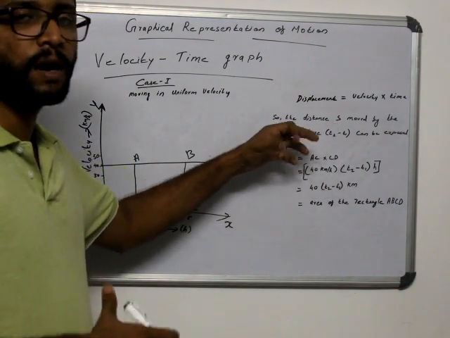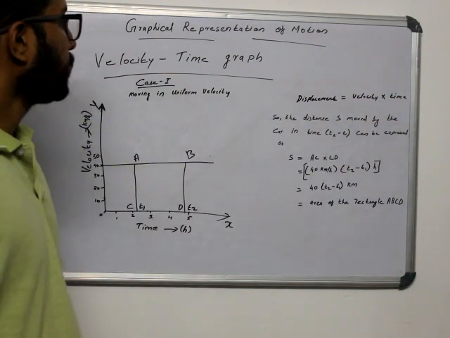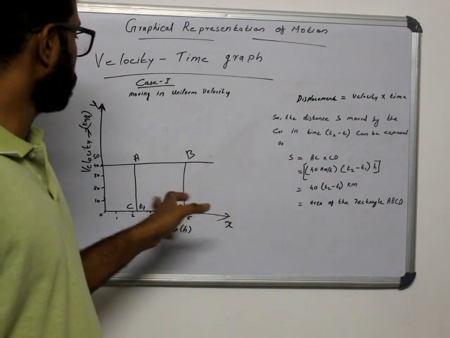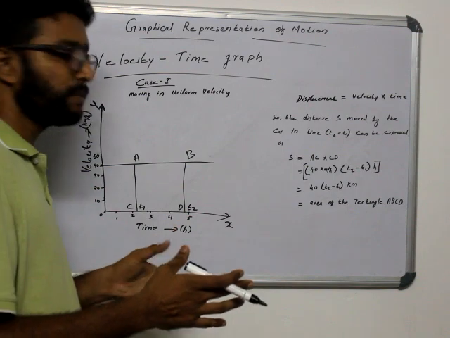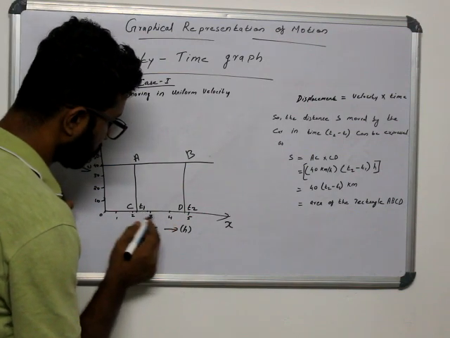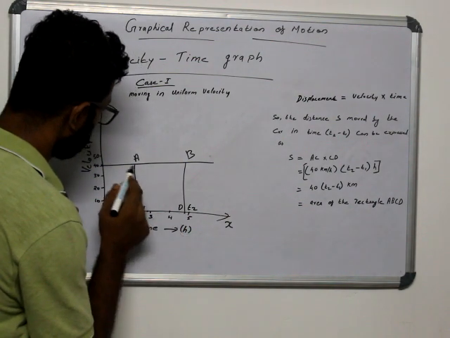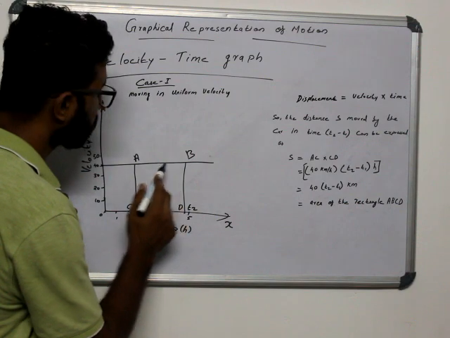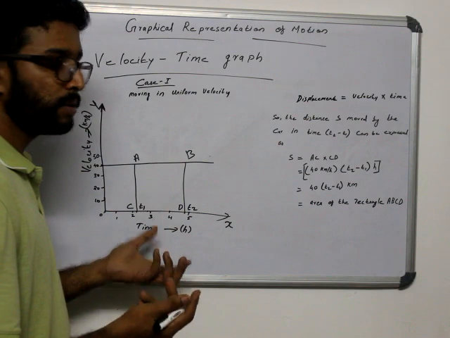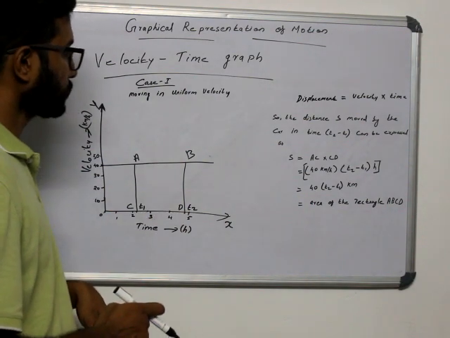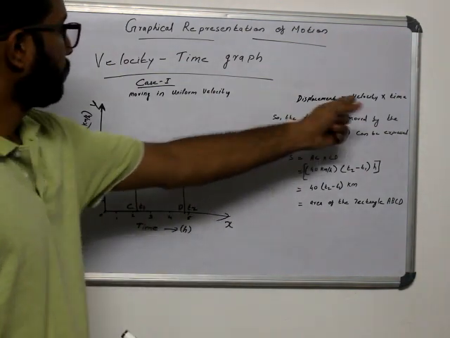If you take a time interval between t1 and t2, we know it is moving at 40 km per hour every instant of time.